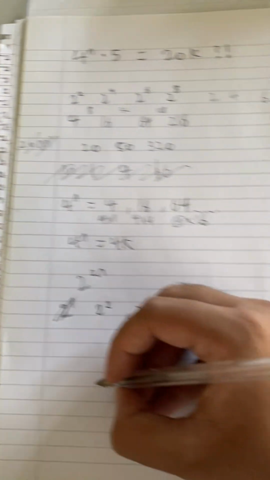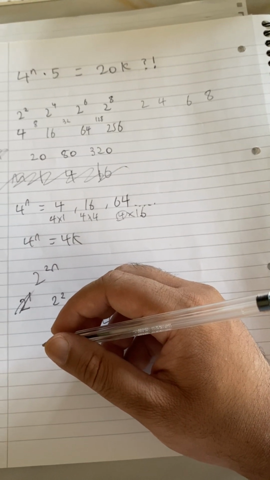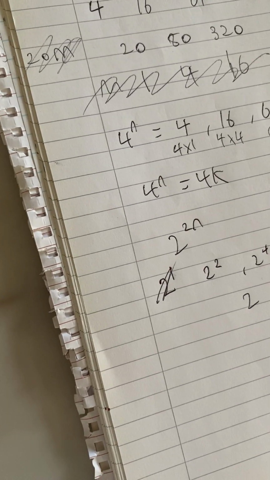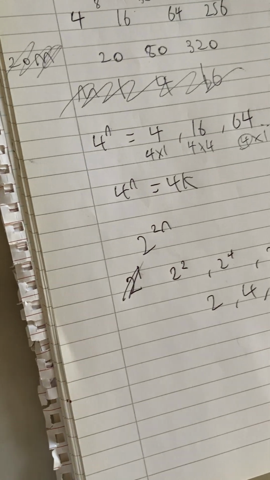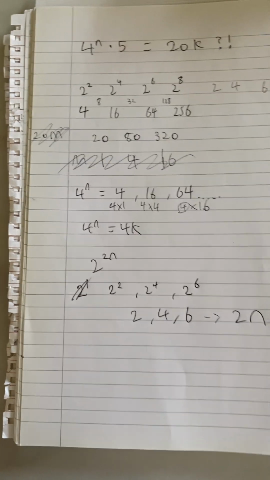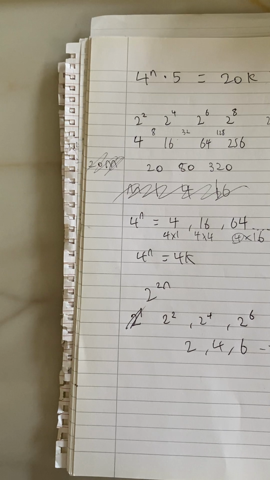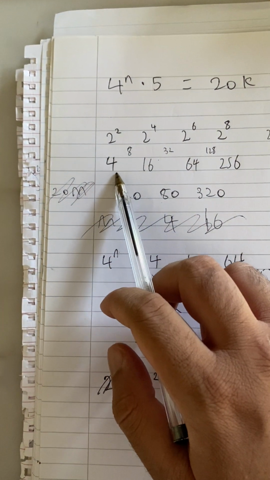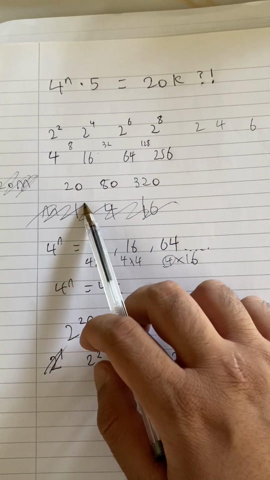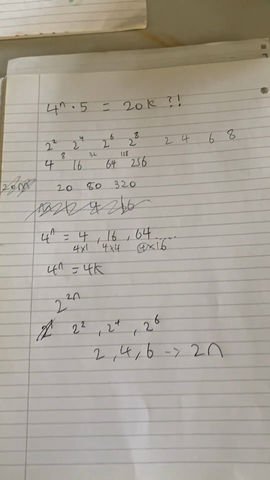So that's why two consecutive even powers of 2. That's 20, that's 80, that's 320. All are multiples of 20, so we know it holds. We just got to prove it formally now.